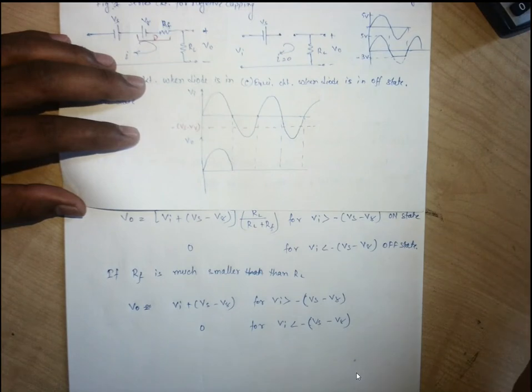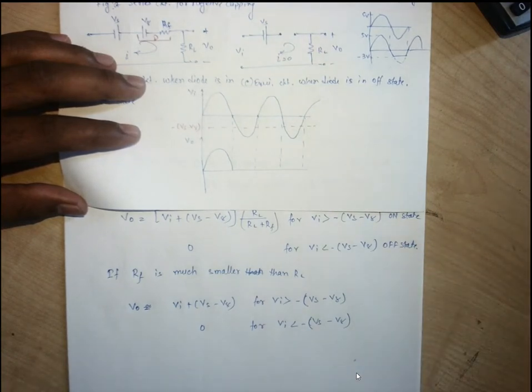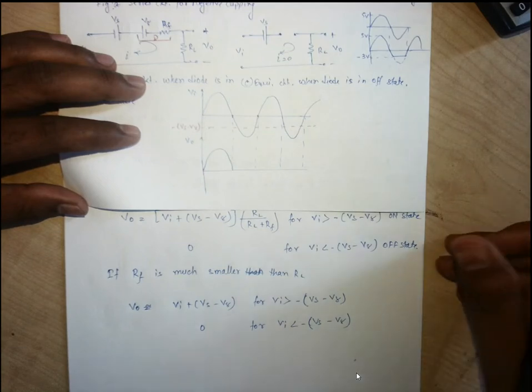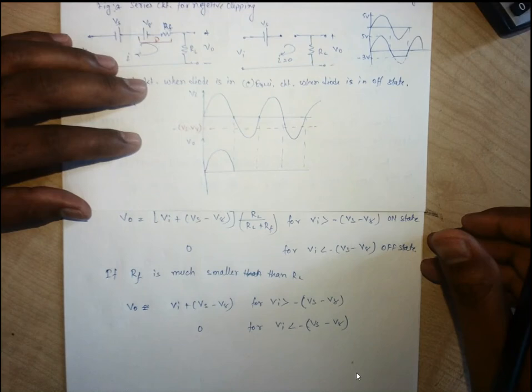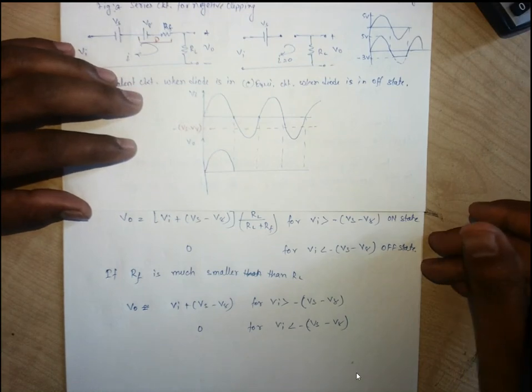Up to minus 2 there will be no output. Beyond that there will be certain output. Up to minus 2 no current will flow.